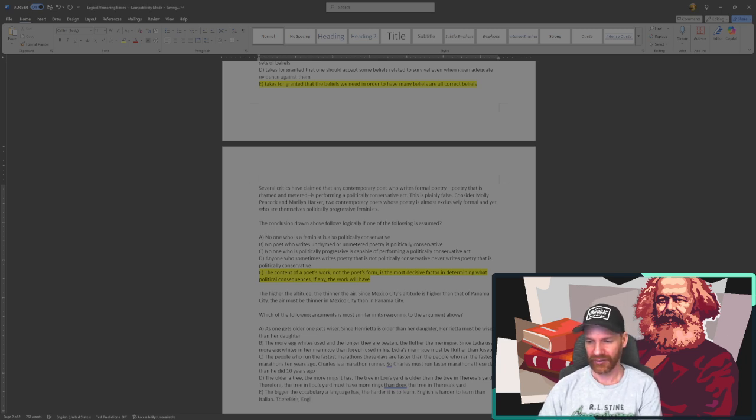Therefore, English must have a bigger vocabulary than Italian. Yeah, and this statement is incorrect also. I mean, it's comparing wildly different statements on different metrics, even. So here we're saying that the higher the altitude, the thinner the air is.